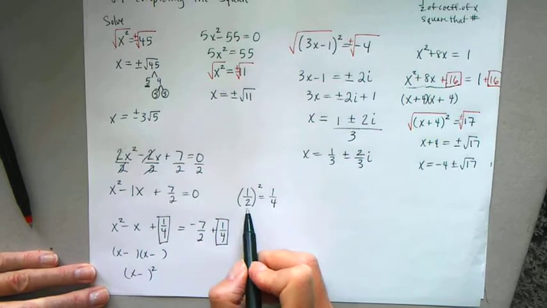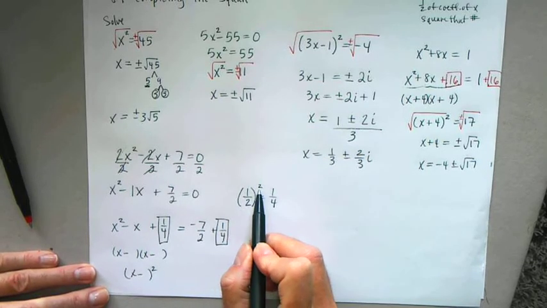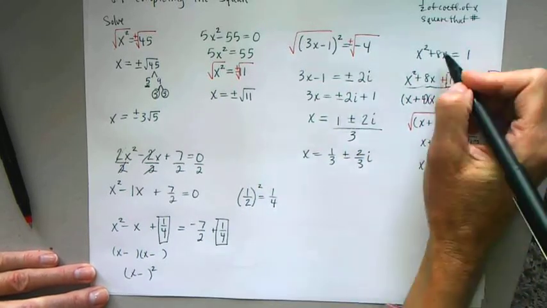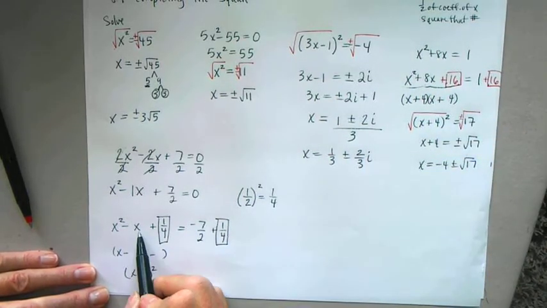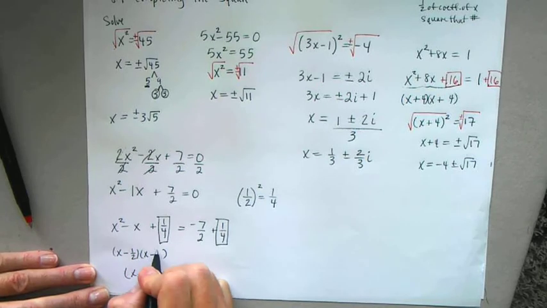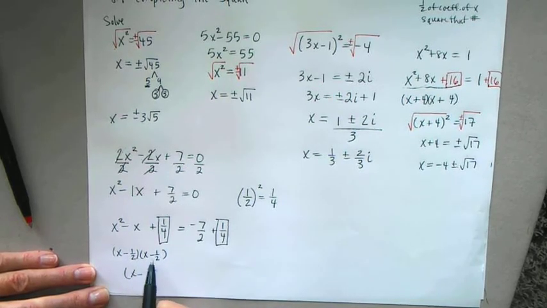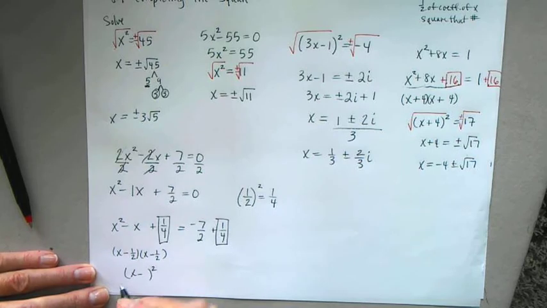It's always this number before you squared it. Like this one, if I take half of 8, I have a 4 right there and there. If I take half of 1, I have a half right there and right there. And look, last times the last will be 1/4, and outside, -1/2 plus -1/2 will be -1. So it works.